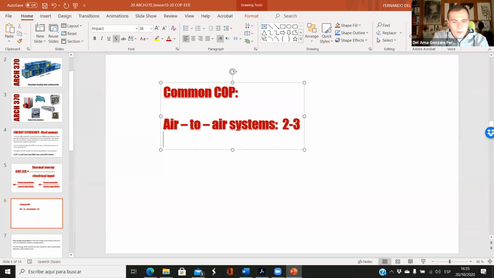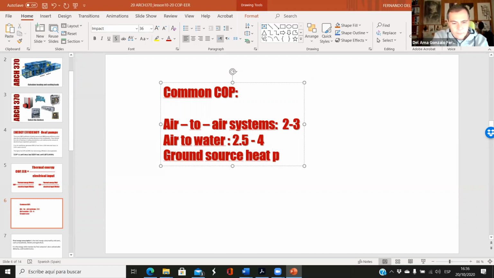Okay, for air to water, and yeah, let's say from 2.5 to 4. And for ground source heat pumps, common values are from, let's say, 3.5 to 6.